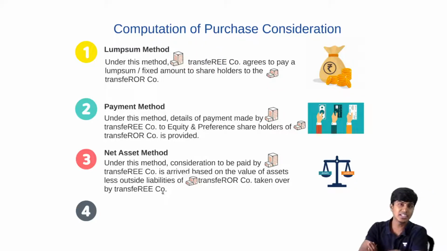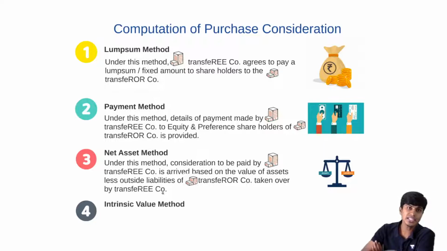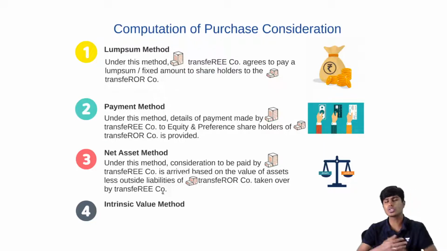That is the third method, which is the net assets method. Then we have the last one, method number 4, computation of purchase consideration. What is the fourth method? This is called the intrinsic value method. You can also call this balance sheet approach or balance sheet method.